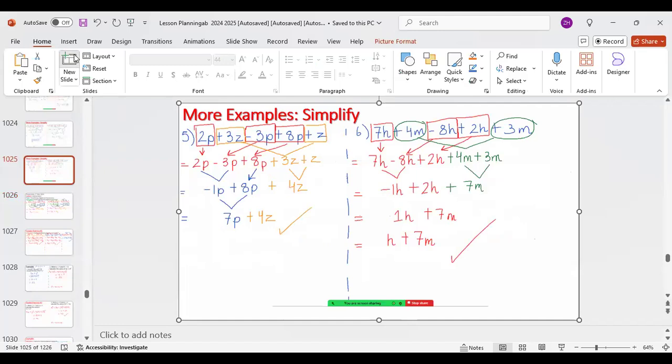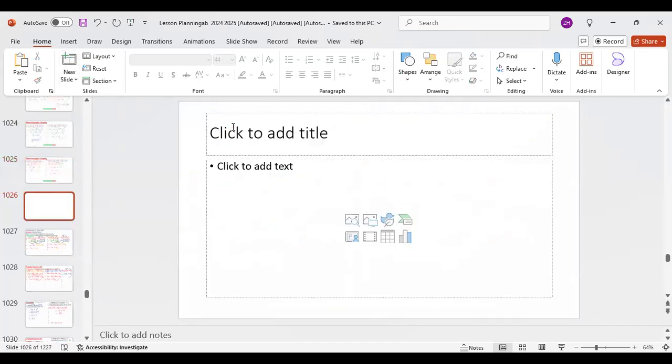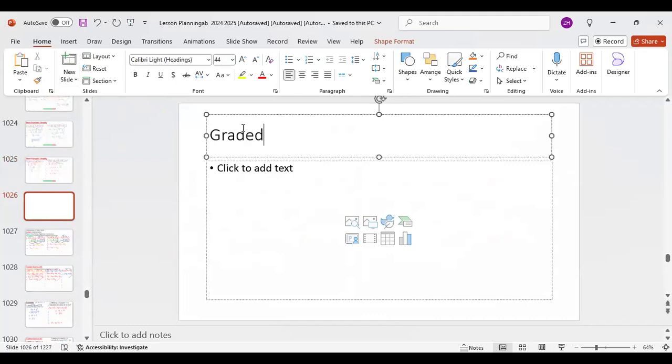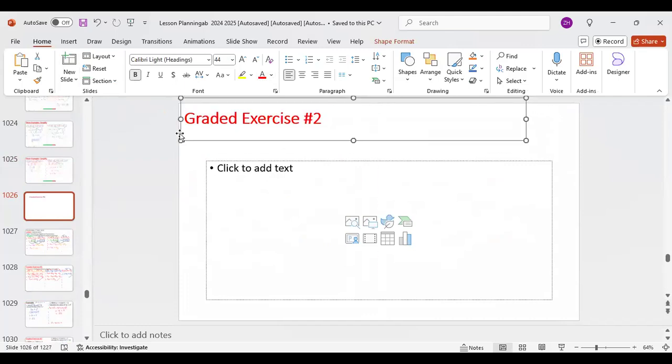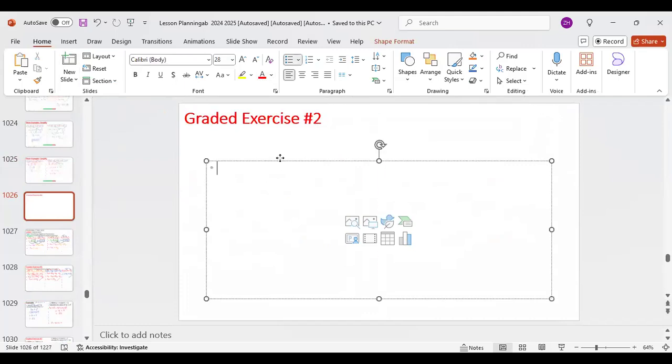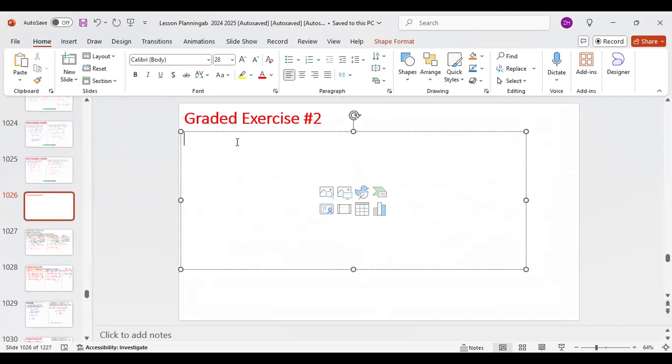So let's go ahead and do a grid exercise on this. Grid exercise. Number 1. Well, that's number 2, right? Yes, sir. Okay. The instructions are simply to simplify. So you want to simplify the following algebraic expressions.